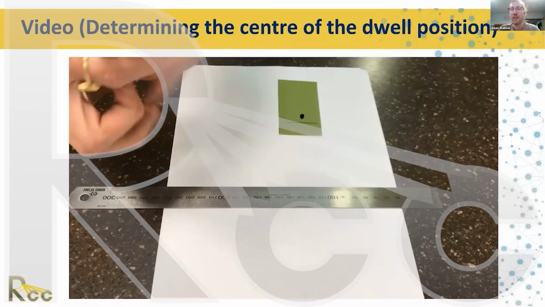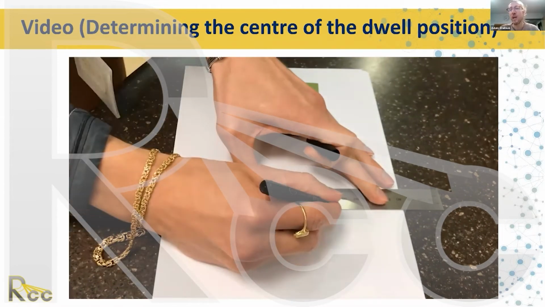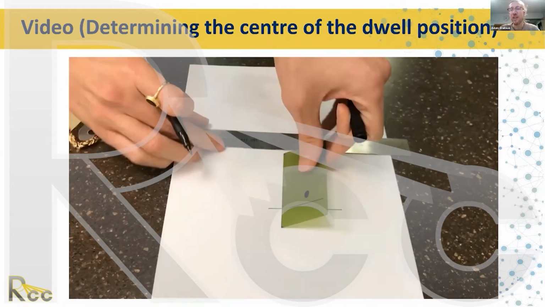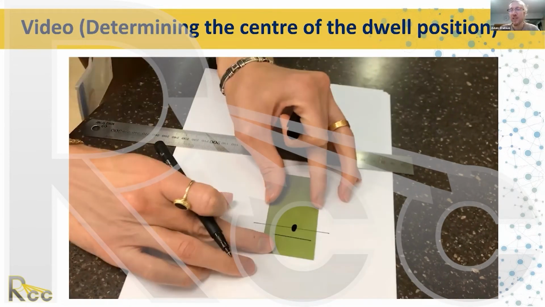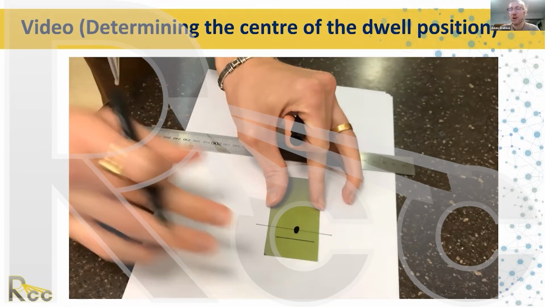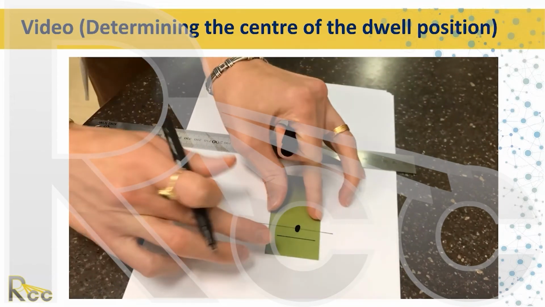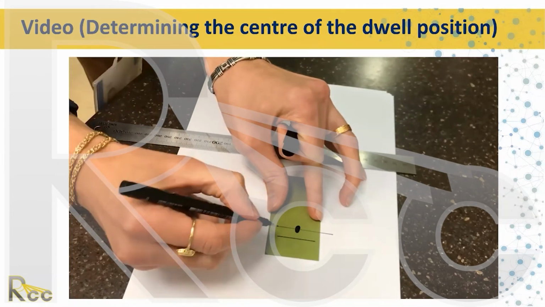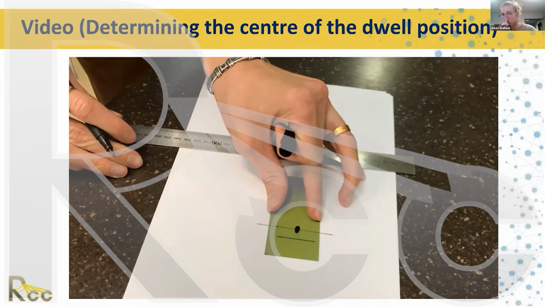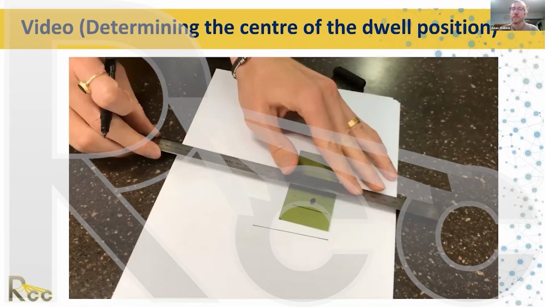So a good way of doing it: draw a quick line on a piece of paper, and then on your Gammamed film, you can see through it. Now you can quickly and easily precisely center that exposure on the line. Draw a side mark, and then you can easily use your ruler anywhere to draw a line right through those two marks.